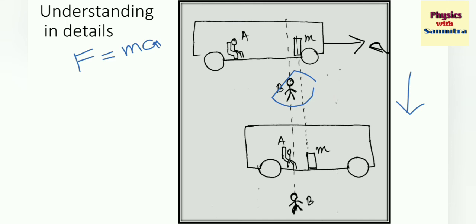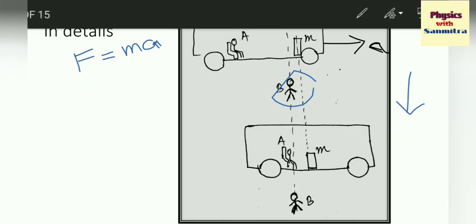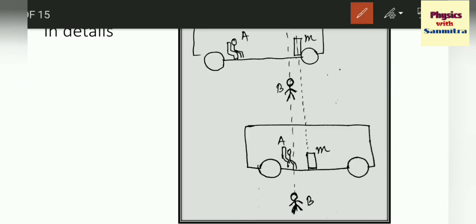Now let's talk from the point of view of observer A and observer B. What is happening? Since the bus is moving in the right direction with an acceleration A, what does observer B see?